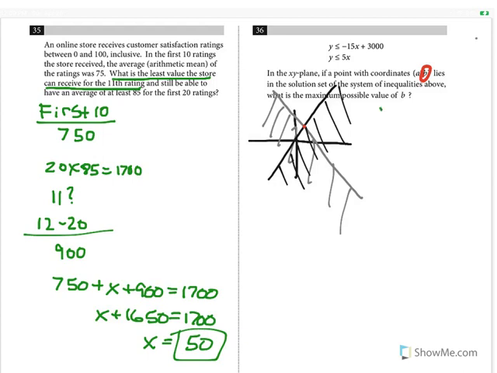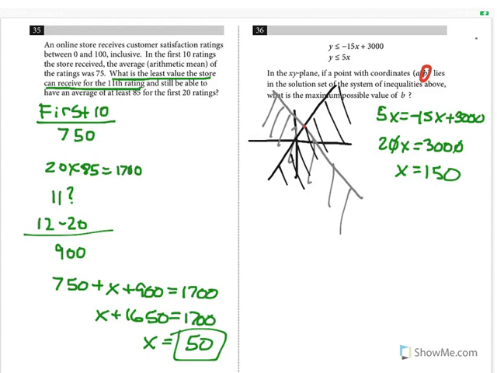So we have 5x equals negative 15x plus 3,000. So 20x equals 3,000. And that gives us an x value of 150.